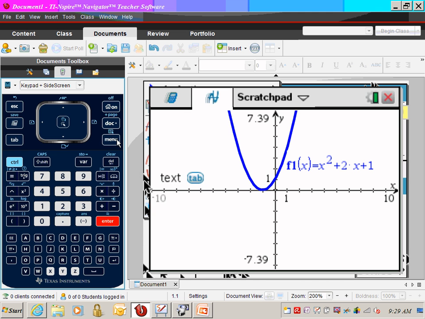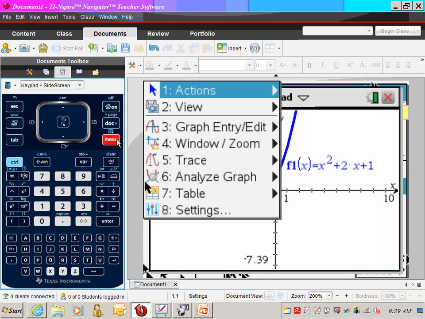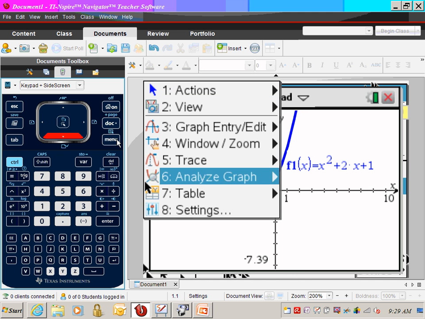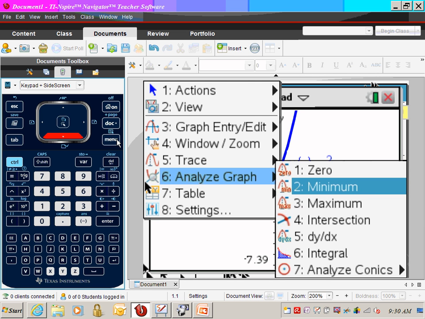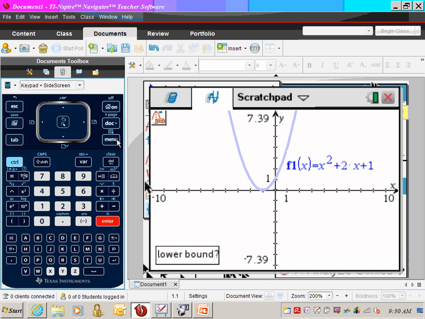So we're going to go to menu. We're going to go down to analyze. And we're going to go to minimum. And hit enter. Now, does everybody see this dotted line that's moving on their graph? Don't click anything.